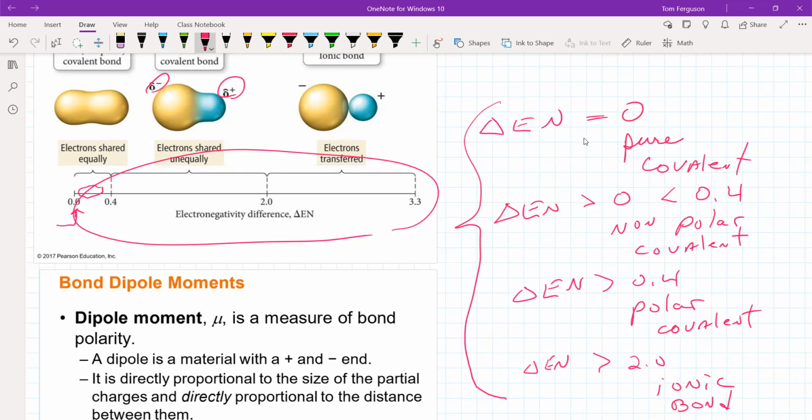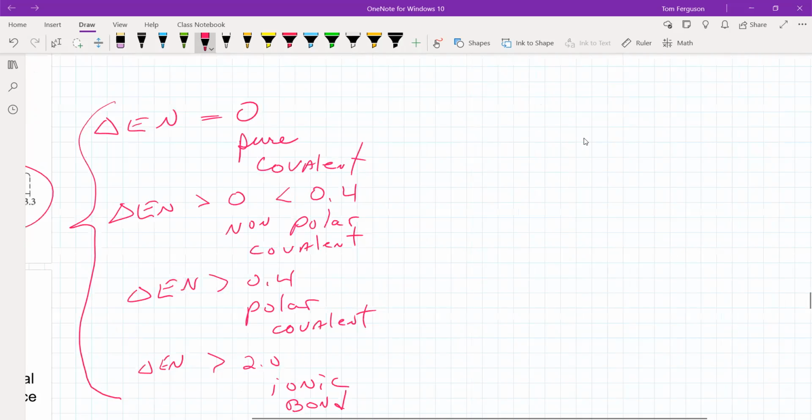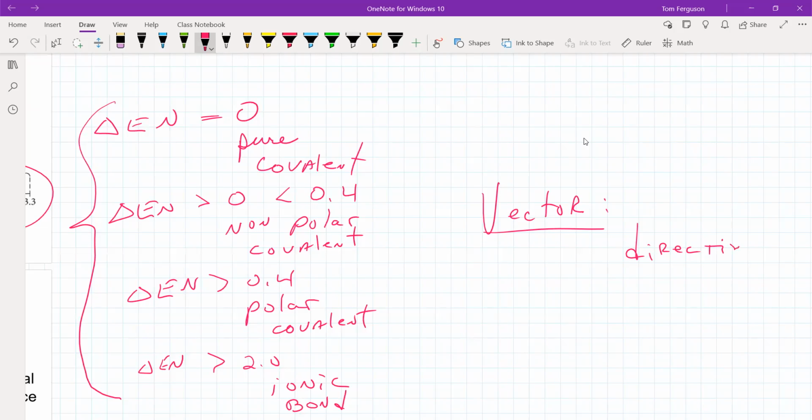Okay, a third of you or so. What are the two properties of a vector? Direction and magnitude. Yes, so a vector has a direction, and then it has a quantity or magnitude.